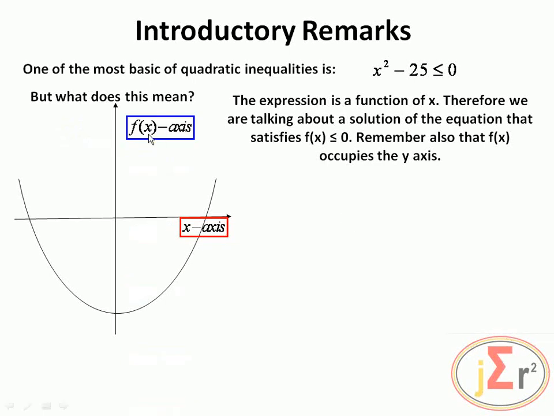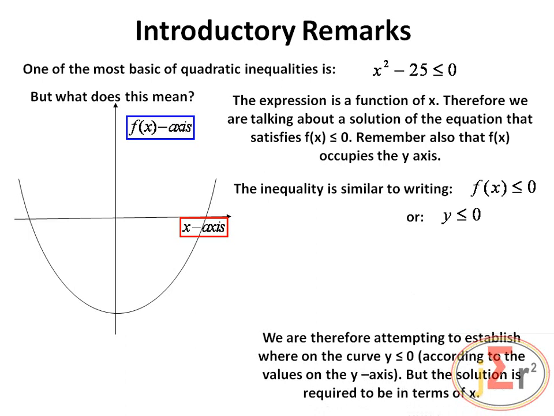So, this axis may be labeled y or f(x). The inequality is similar to writing f(x) is less than or equal to 0, or y is less than or equal to 0.